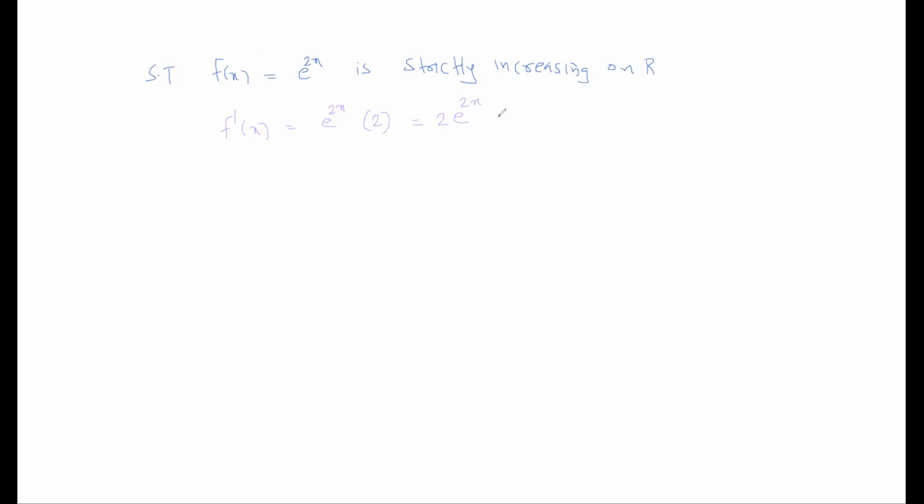And we know that whatever value x takes, positive or negative, this is always greater than 0. Because if x is 0, e to the power 0 is 1, 1 into 2 is 2. If x is positive, e to the power 2 is positive, and if x is negative, like e to the power minus 2, it is 1 by e to the power 2, still positive, so it is greater than 0 for all x belongs to R. e to the power 2x will never be negative.